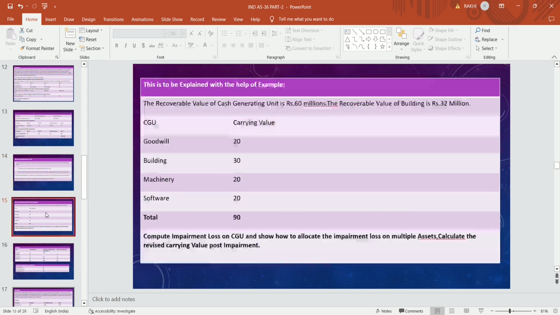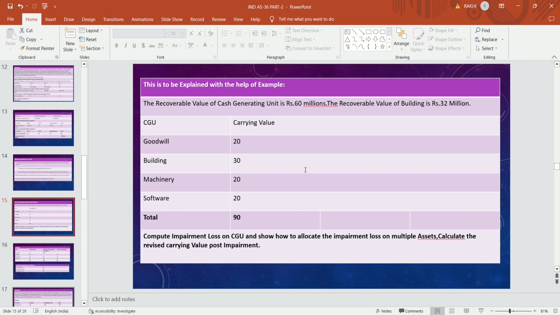This concept is explained with the help of an example. The recoverable value of the cash generating unit is 60 million and the recoverable value of the building is 32 million.